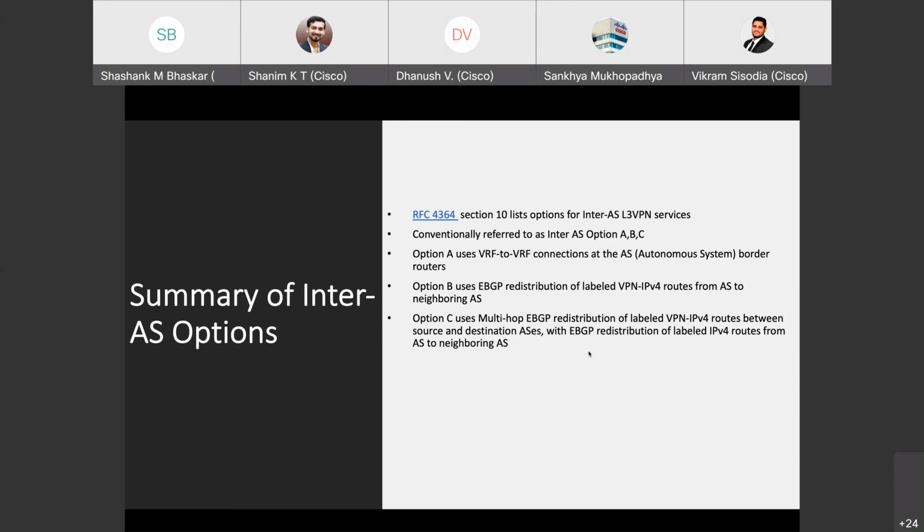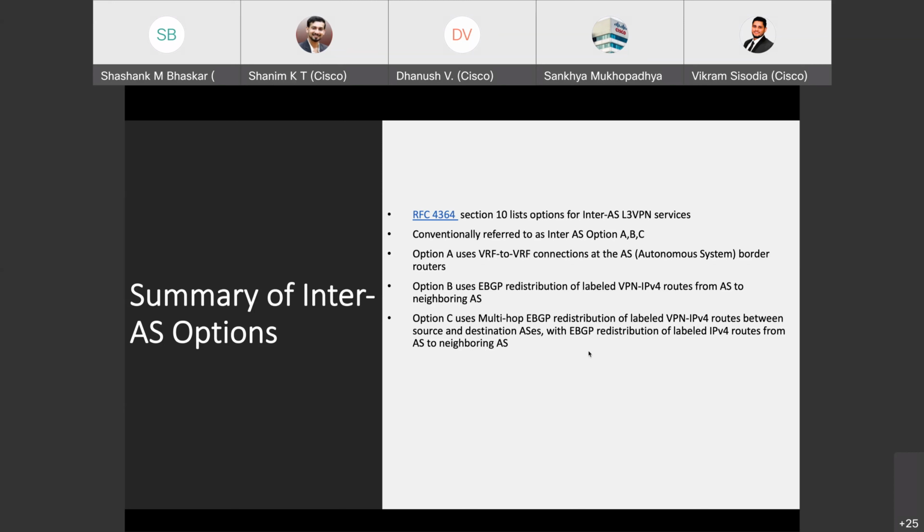RFC 4364 lists the three options which brief on how you can do L3 VPN service across different autonomous systems, and they are listed as A, B, and C. Option A is straightforward.